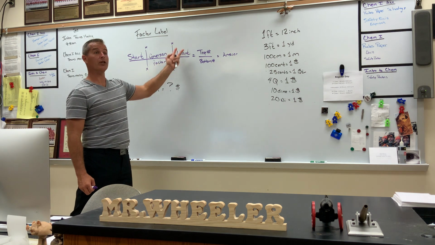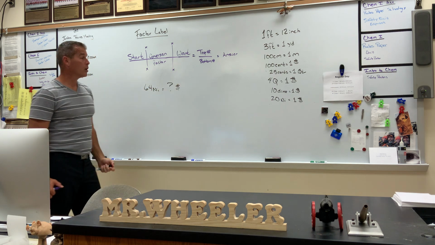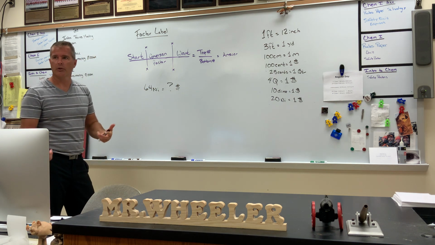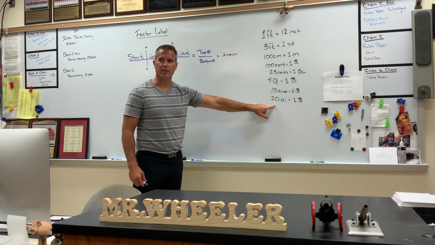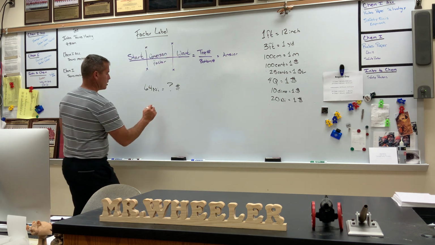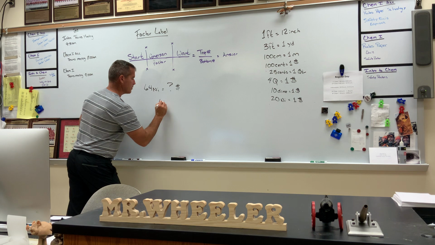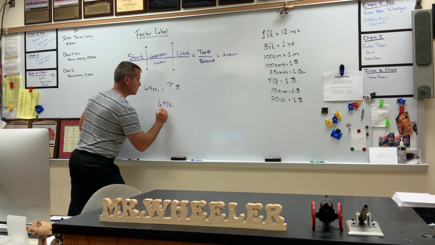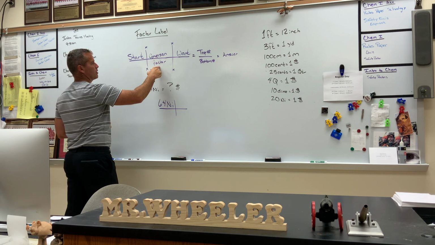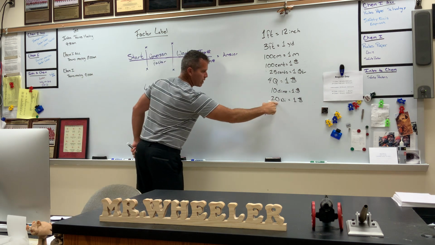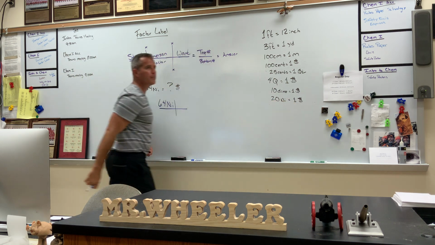We eventually want dollars. We could do this in one step, or we could do it in multiple steps, but since we have the conversion here, use it. So we're going to start with 64 nickels. Our conversion factor is that 20 nickels equals $1.